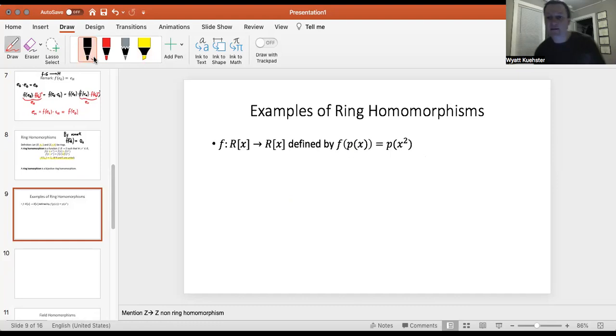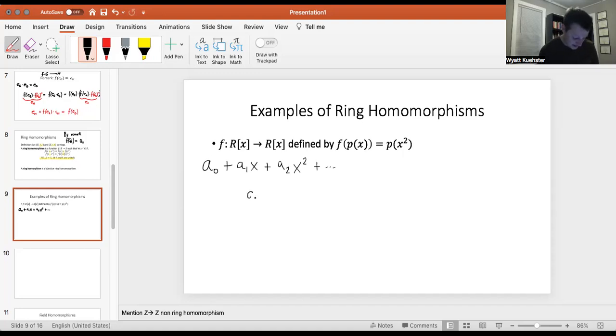So remember that we can have polynomial rings. If we have a ring R, then polynomials are things of the form a_0 plus a_1 x plus a_2 x squared plus dot dot dot. You can have as many terms as you want. I'm only going to write a few though.